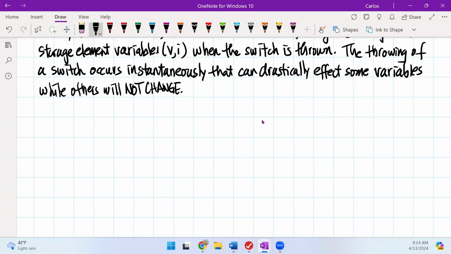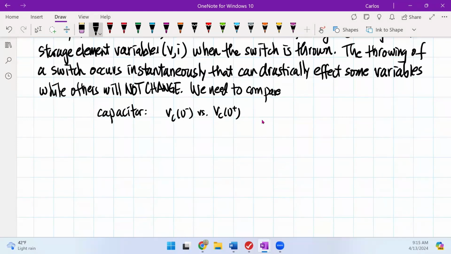So again, we have the same language that we've already talked about with switches. We talk about t equal to 0 minus, t equal to 0 plus. So this means here, we need to compare, for a capacitor, VC at 0 minus versus VC at 0 plus and IC at 0 minus versus IC at 0 plus.